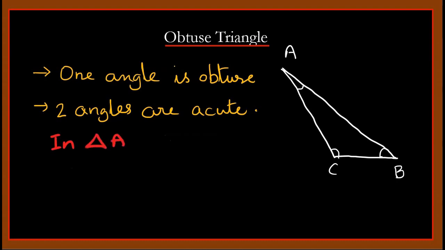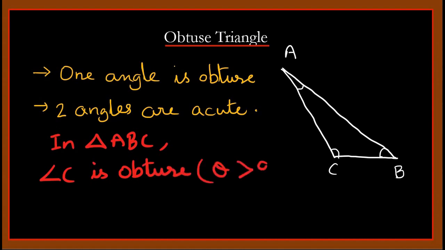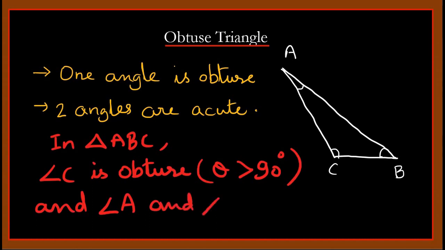In an obtuse triangle, one angle is greater than 90 degrees and the other two angles are acute. So in the triangle ABC, angle C is obtuse, meaning greater than 90 degrees, and angle A and angle B are acute.